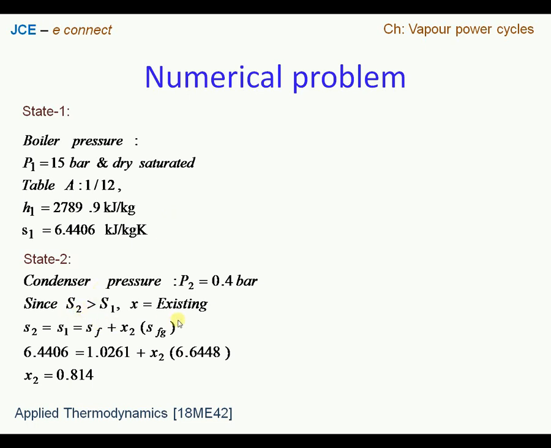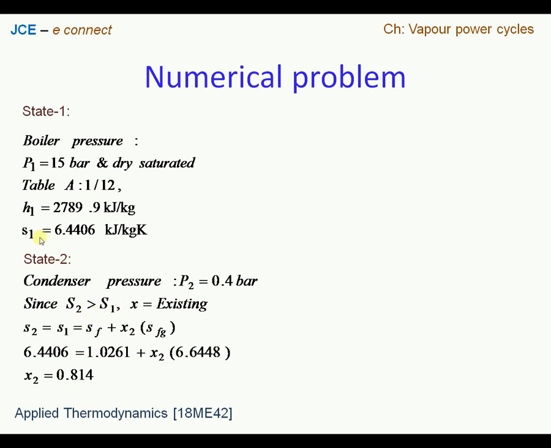So when we compare the entropy Sg value at 0.4 bar from the steam table with the S1 value, we see that Sg at state point 2 is greater than the S1 value.